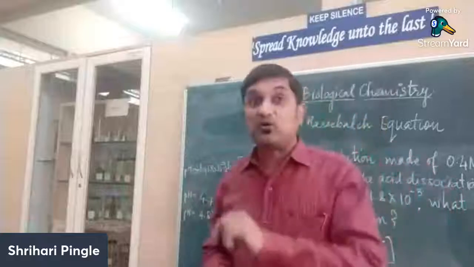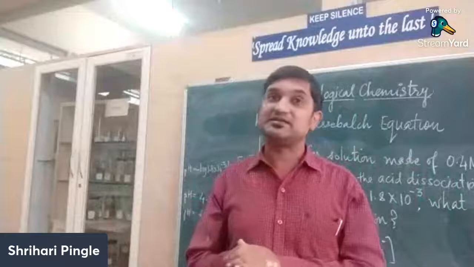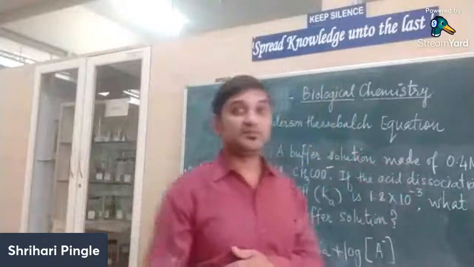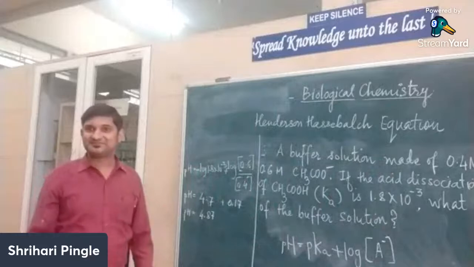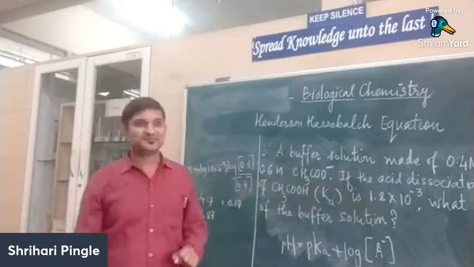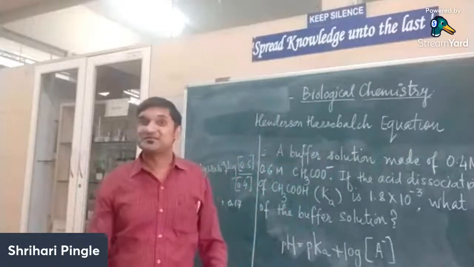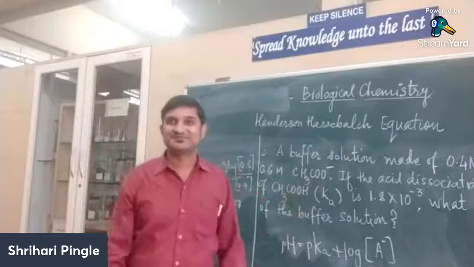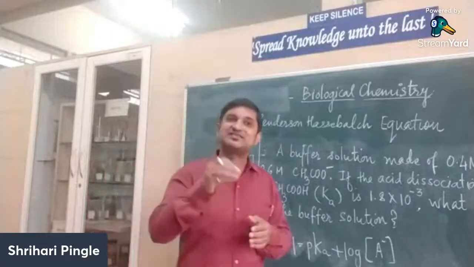And other way around, आता उलट काय करायचं आहे की तुम्हाला जर म्हटलं की एका सोल्युशनचं पीएच 4.87 आहे, त्या ऍसिडचं Ka व्हॅल्यू ही आहे, त्या ऍसिडचं कॉन्सन्ट्रेशन एवढं आहे, तर त्याच्यामध्ये किती बेस टाकू, राईट? And that is the beauty of deciding buffer.